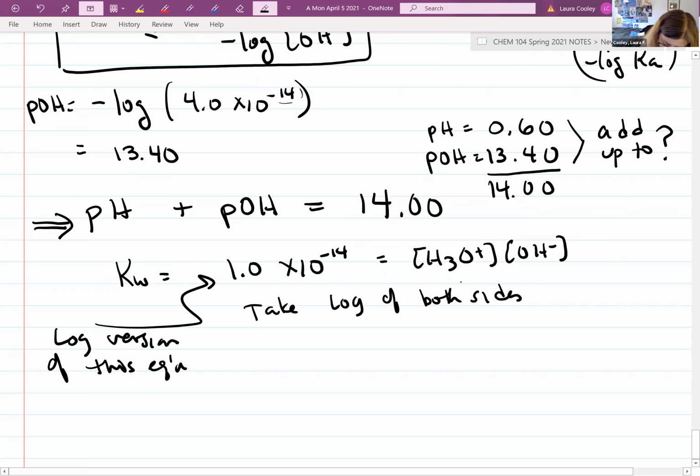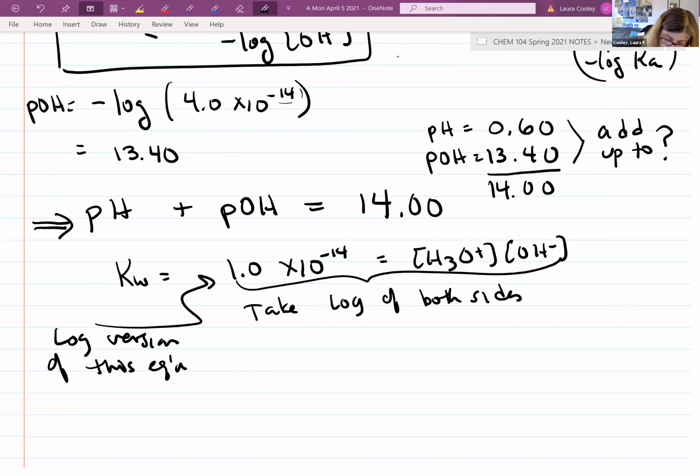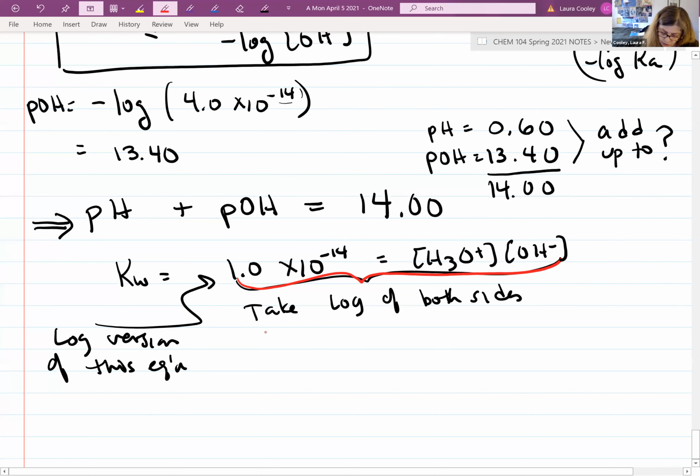If you were to take the log of both sides of this equation, you would get log of 1 times 10 to the negative 14 equals the log of this product.